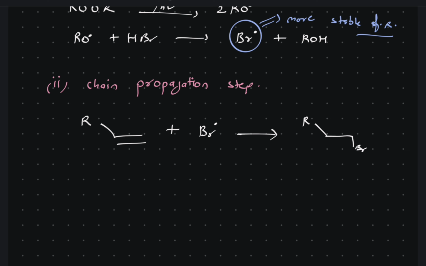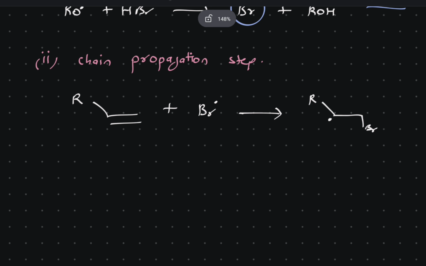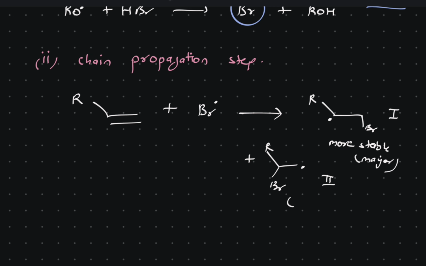So bromine will react where the number of hydrogens is more, giving a 2-degree free radical, which is more stable. We have another option to form a free radical, that is a 1-degree radical. But whenever we have two options, a 2-degree and a 1-degree free radical, the 2-degree free radical is more stable. That's why it is the major product, and the second one is minor.